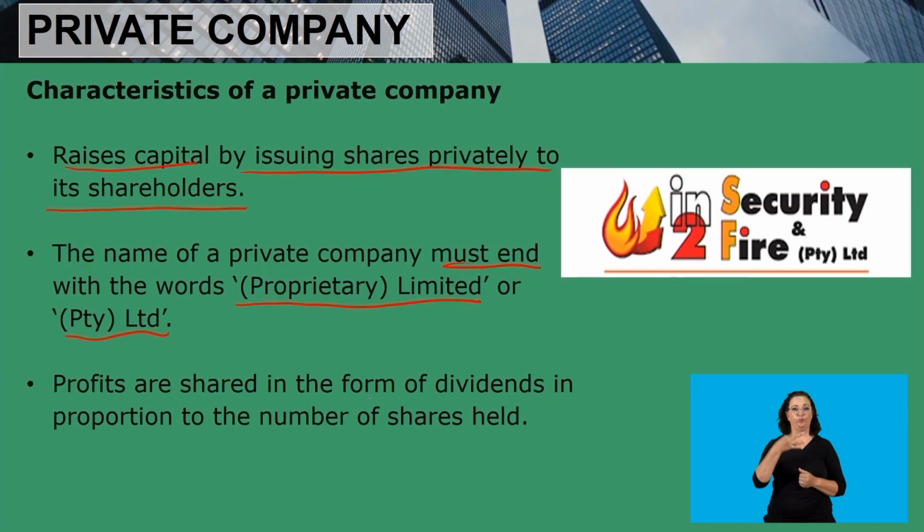Profits are shared in the form of dividends in proportion to the number of shares held. So profits are shared in proportion to the number of shares that each shareholder has. Obviously, if you have more shares in a company, you are going to get more dividends. The returns on a shareholder's investment in a private company are called dividends, and they are determined by the number of shares each shareholder has.